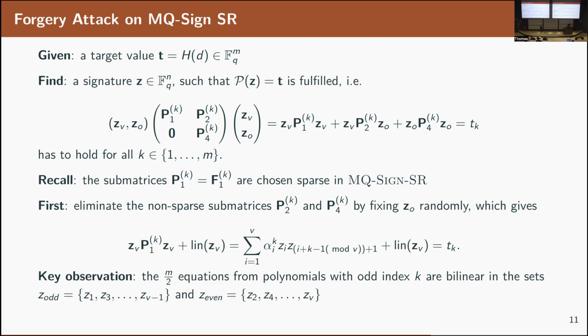And the key observation to our attack is that because of this special diagonal structure that I showed earlier, half of the M equations, the ones with an odd index K, if you look at these indices here, you can see that they are bilinear in the sets of z odd and z even. Because, for example, you have just monomials z1 z2, z2 z3, but you never get quadratic terms in the even variables, and you never get quadratic terms in the odd variables.